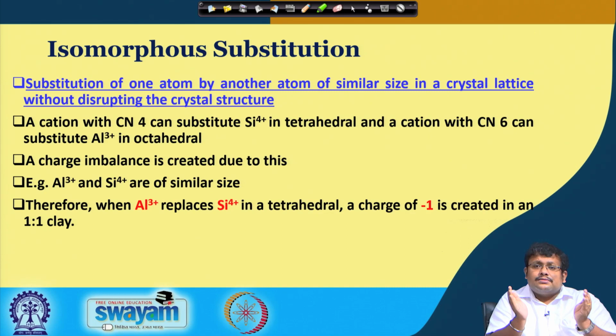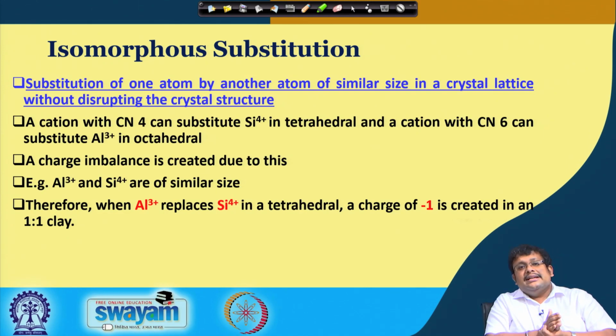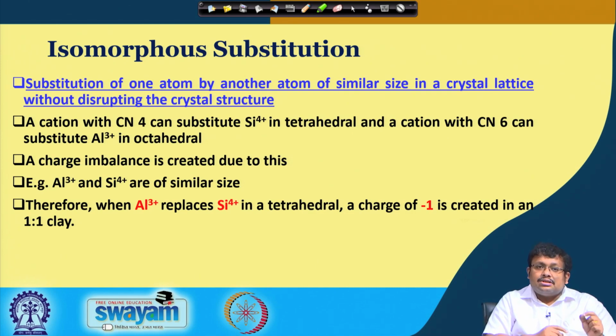Let us consider an example: a cation with a coordination number of 4 can substitute silica in tetrahedra, and a cation of coordination number of 6 can substitute aluminum in the octahedral sheet without disrupting the crystal structure. The first and foremost criterion for doing that is they have to be almost similar in size, and that is why this phenomenon is known as isomorphous. Iso means similar, morphous means similar in morphology or similar in size.